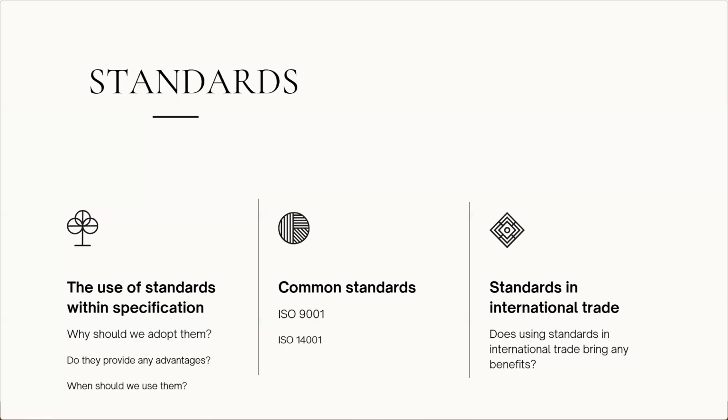Here, also the study guide and the exam may focus again on the use of standards within specification. The standard may create some kind of shortcut to the specification, since we can use some reference to international or national standards. And it levels the field. So we can reach international suppliers, especially when we use the ISO standard.